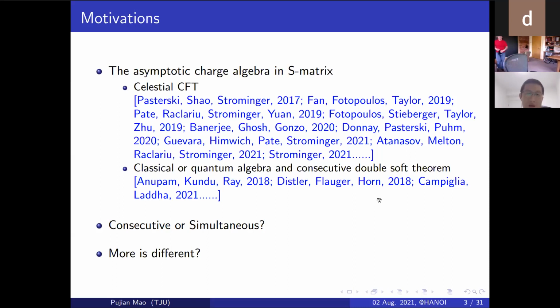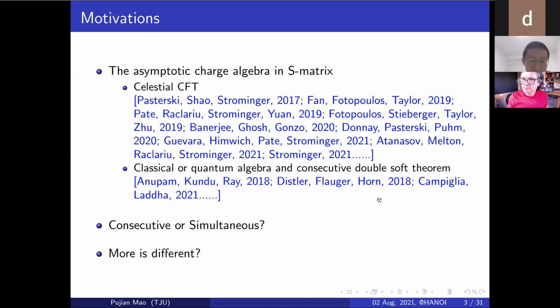And to me it's very natural to think about the double soft theorem, because I think this double soft theorem was known even before we knew the connection between asymptotic symmetry and soft theorems.